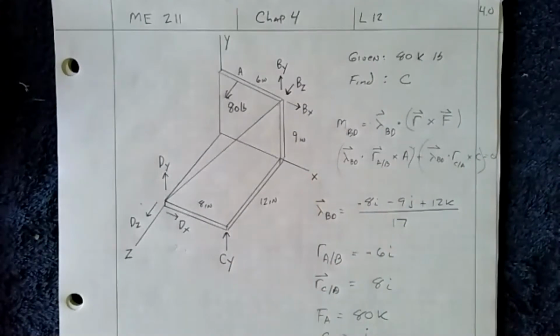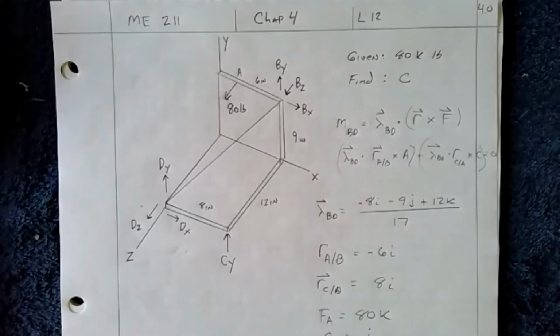You may ask, on an exam, how are you going to know the difference? If you're asked to find a reaction, then you know you're in chapter 4. If you're asked to find a force couple or a moment without a line, a moment without a point, then you know you're in chapter 3. So that's the big difference.